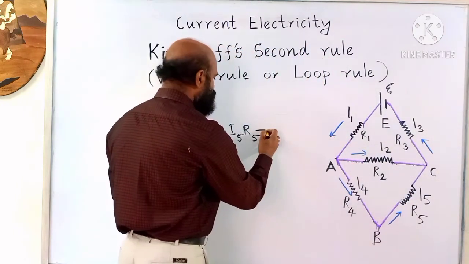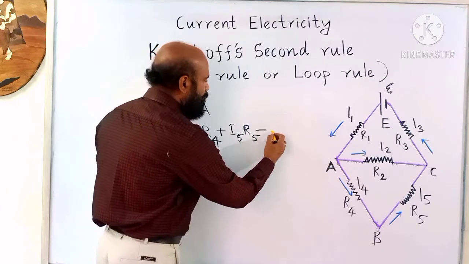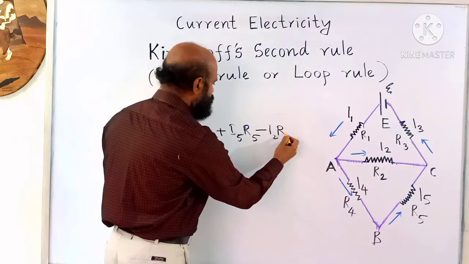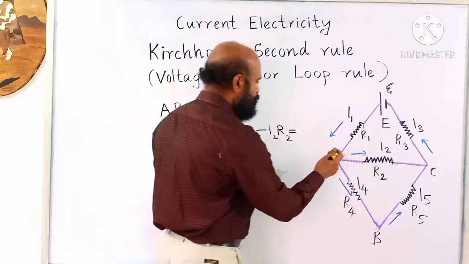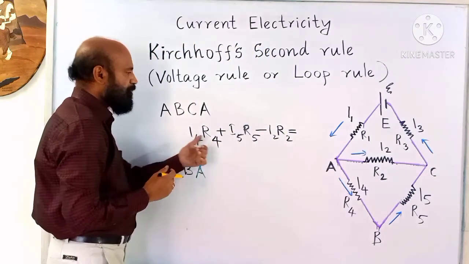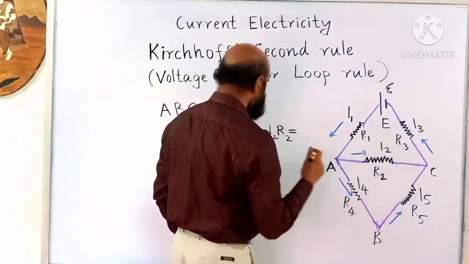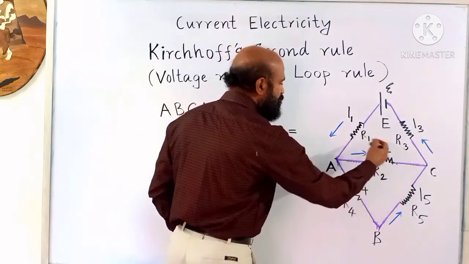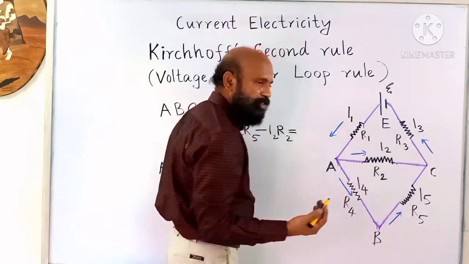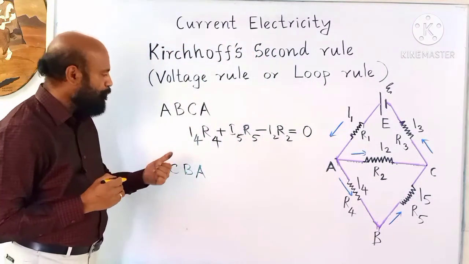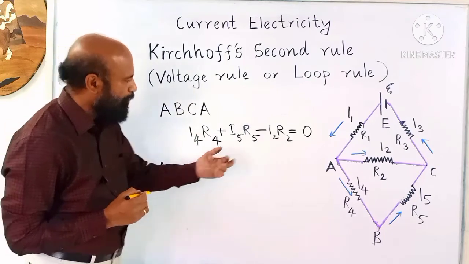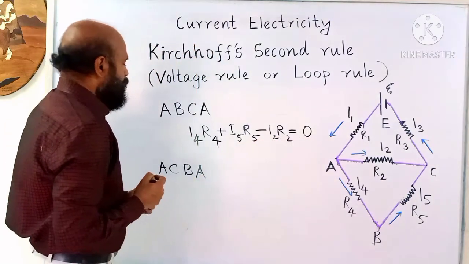So minus I2 R2 is equal to the algebraic sum of the EMF. So in this closed loop there is no cell, so EMF is 0. Algebraic sum of the product of resistance and current is equal to the algebraic sum of the EMF.